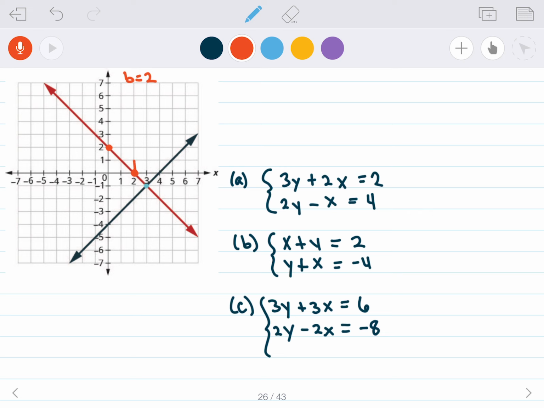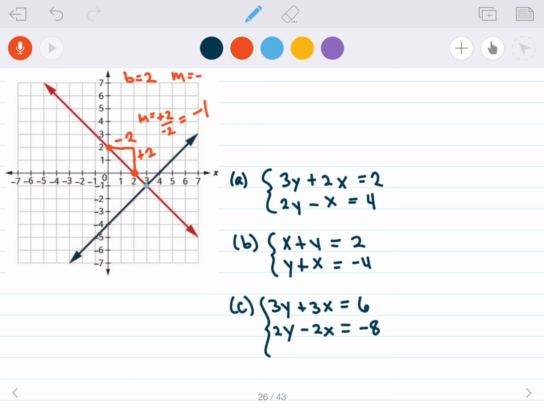I'm going to rise 1, 2, plus 2, and I'm going to run 1, 2 to the left, so that's negative 2. I rose up and went to the left, indicated by the negative. Rise over run is going to give us a net value of negative 1, right? Positive 2 divided by negative 2 is negative 1.